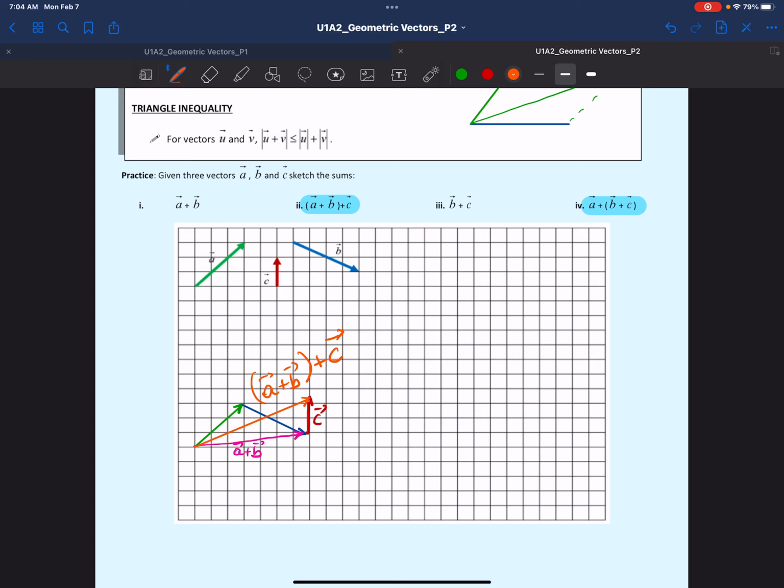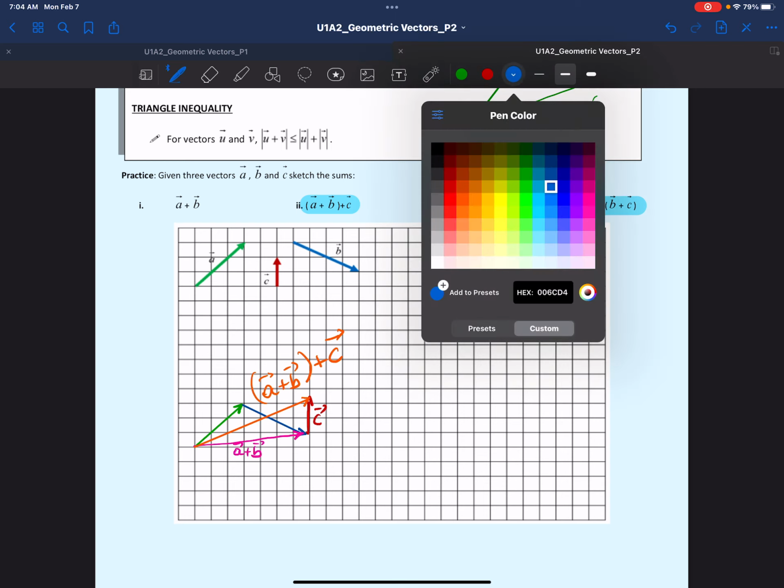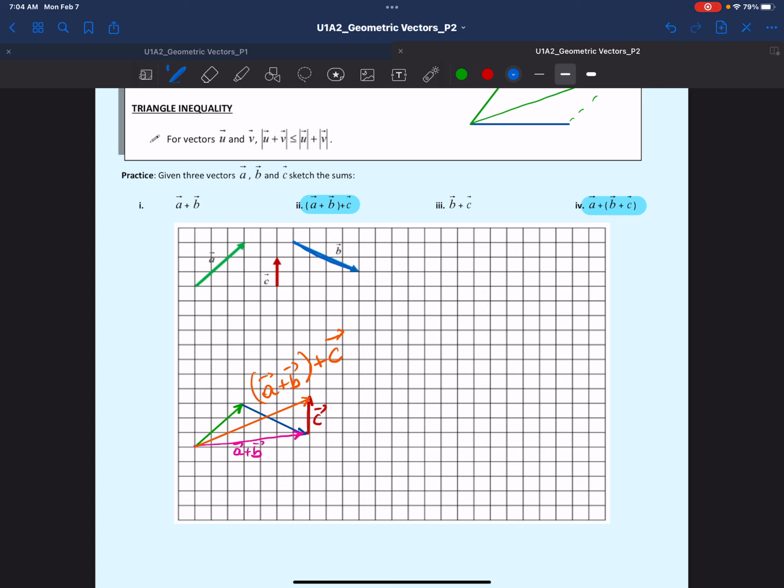Now, in the same way, we're going to do vectors b and c. So here goes vector b. Let's drag this. And here goes vector c, which is 2 units. So adding b to c, I place them tail to tail for the parallelogram rule, just for the fun of it. And we'll say that the vector b plus c will be this one here.